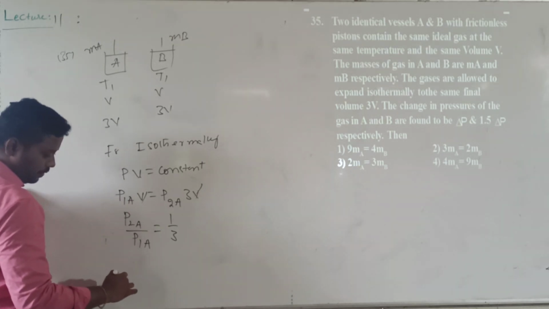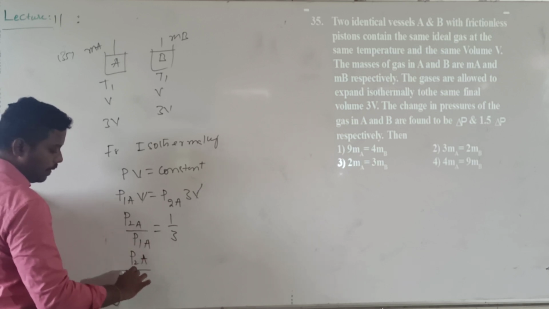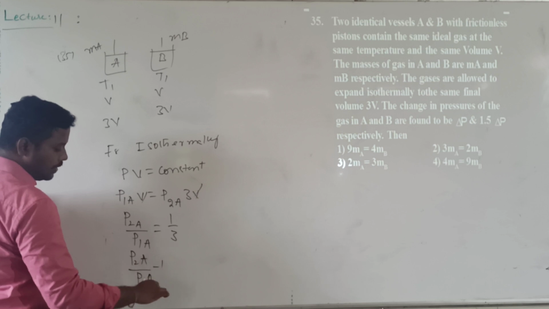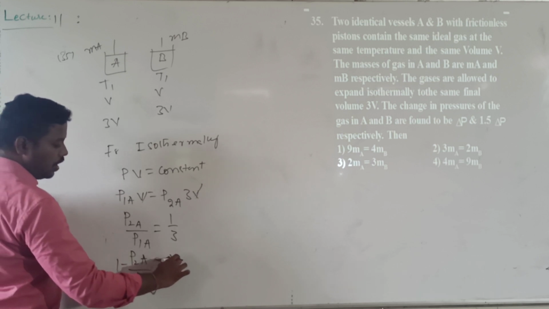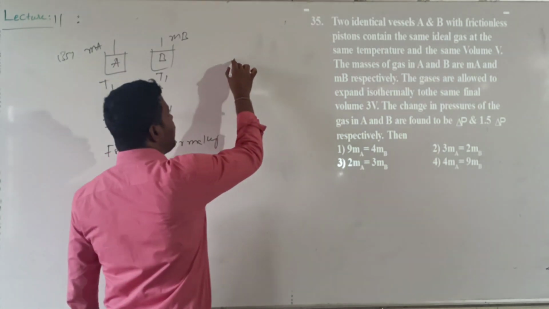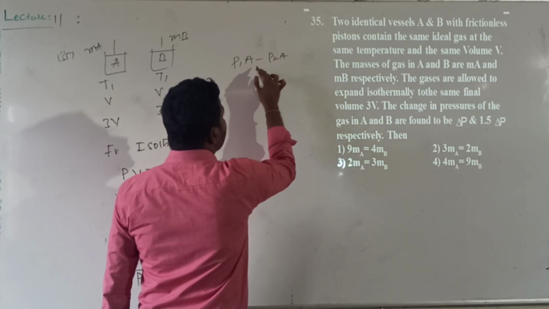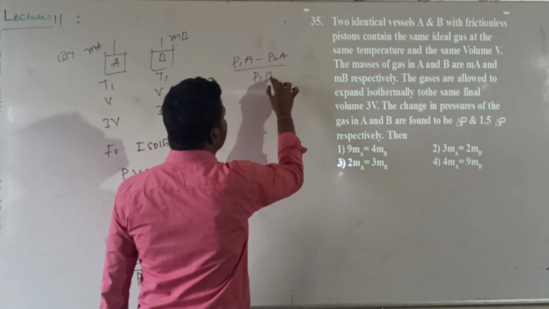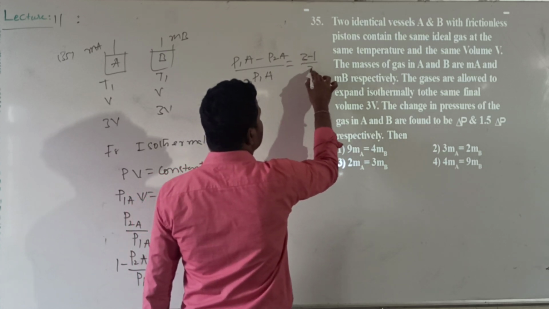From this, P2A is smaller than P1A. So 1 minus P2A by P1A is equal to 1 minus 1 by 3. Then what will I get? P1A minus P2A by P1A is equal to 2 by 3.